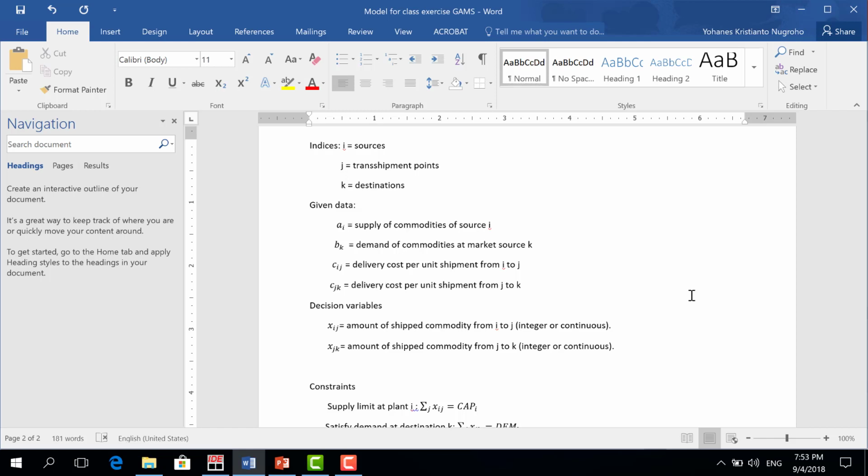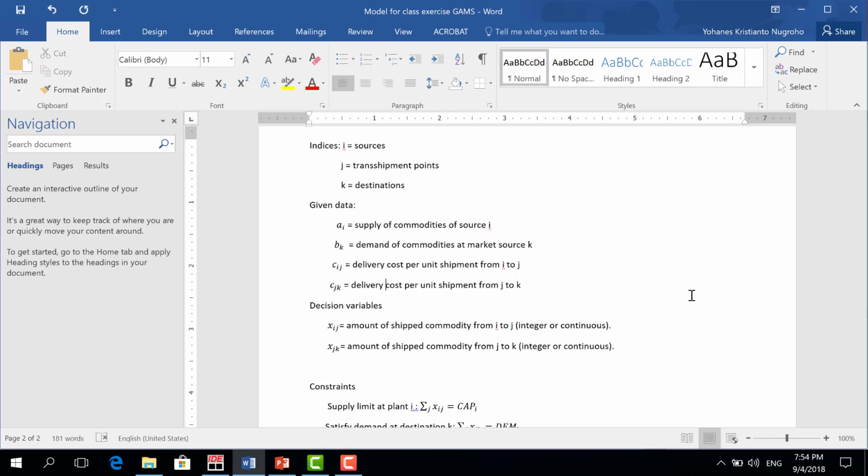And there are two different types of decision variables. XIJ is the amount of commodity shipped from I to J. Depending on the products, it can be integer or continuous. Integer if the products are discrete, for instance you would like to deliver cars, buses, tables, or for example bags or chairs.